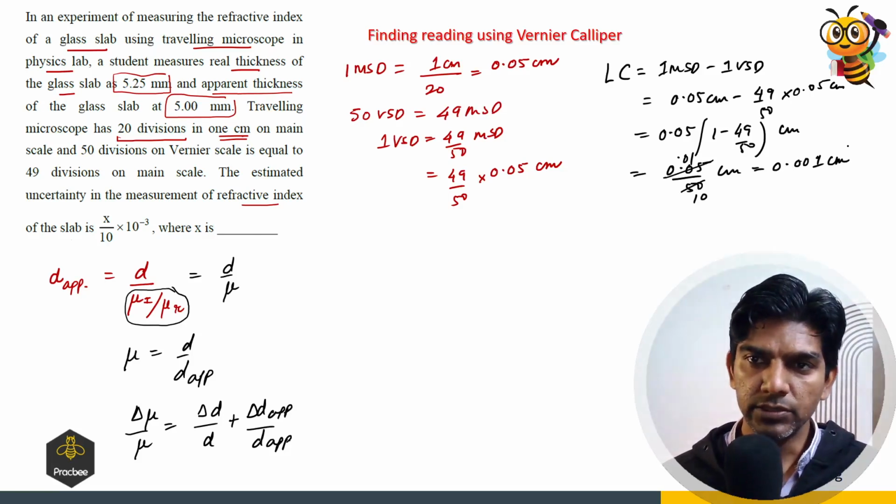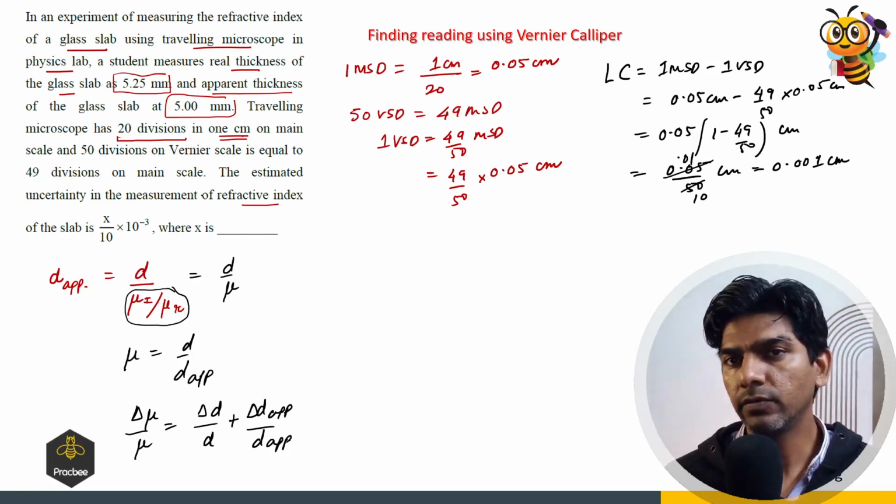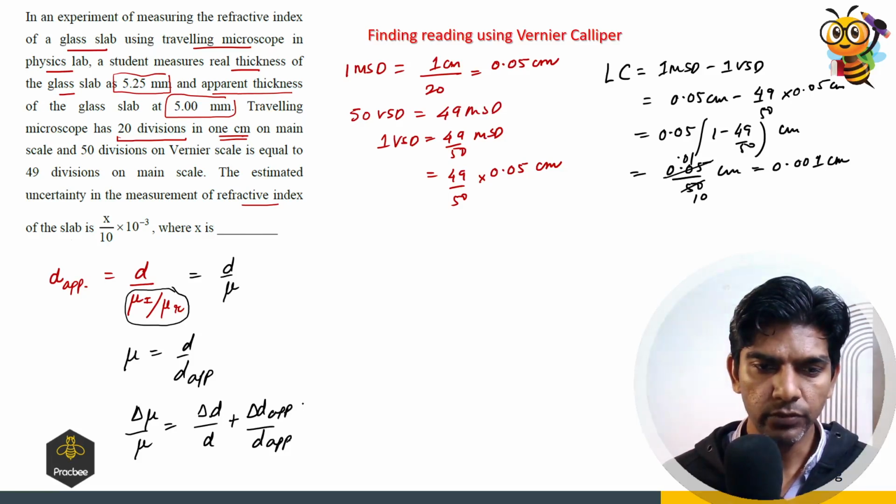So we got the least count, and since we have measured the depth using this instrument, so the error will be, so delta D and delta D apparent will be nothing but 0.001 centimeter. So let us substitute the value.